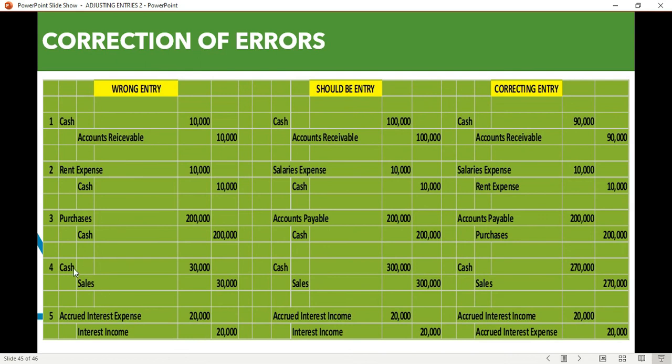The account debited is an erroneous one, so it has to be accrued interest income, not accrued interest expense. So what you will do is debit the correct account, accrued interest income, for 20,000, and then close accrued interest expense. This is an erroneous account. So credit accrued interest expense for 20,000.